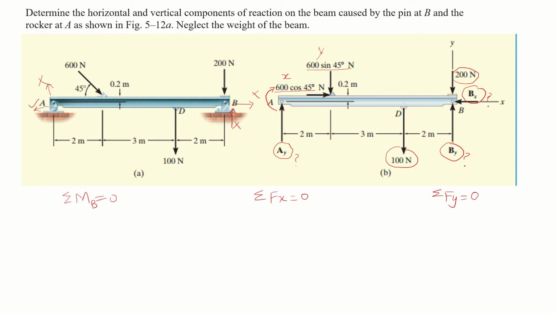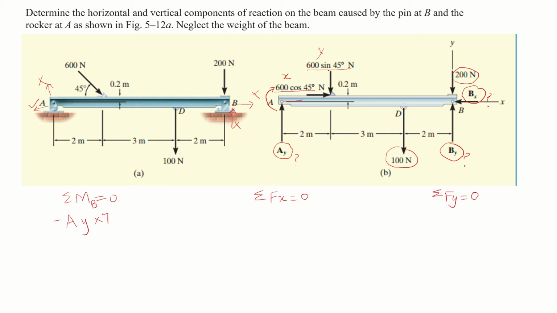This force is multiplied by its perpendicular distance, which is 2 plus 3 plus 2, that is, Ay multiplied by 7, and because it is rotating the beam in the clockwise direction, a negative sign is placed.